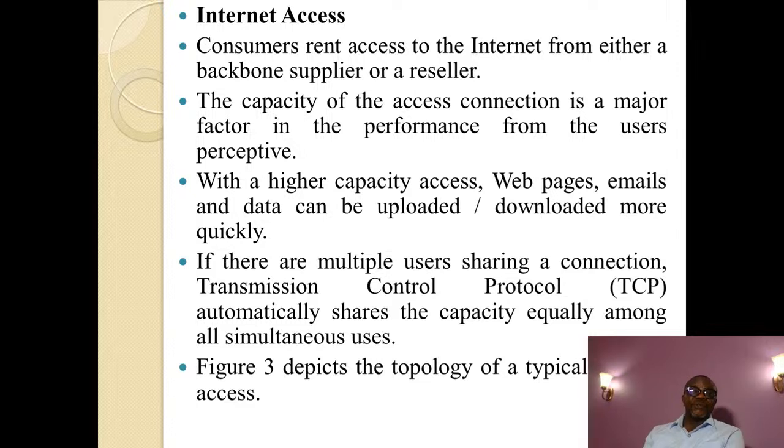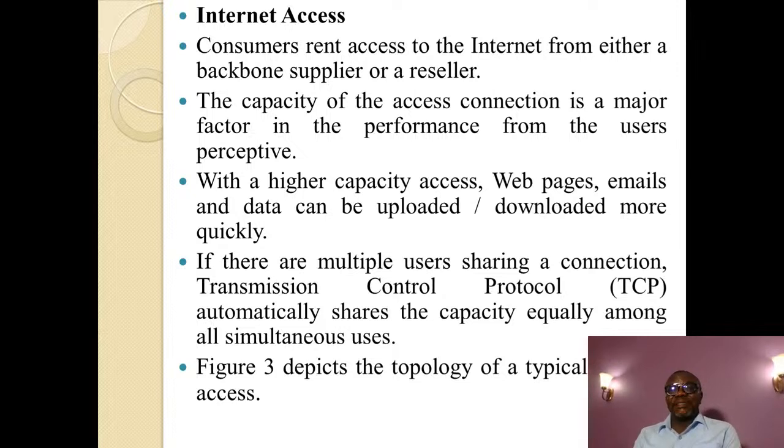So, what access is available to you? We say internet access. Consumers rent access to the internet from either a backbone supplier or a reseller. We said it is not usually through backbone because they are big enough to start selling to small customers. The capacity of the access connection is a major factor in the performance from the user's perspective.